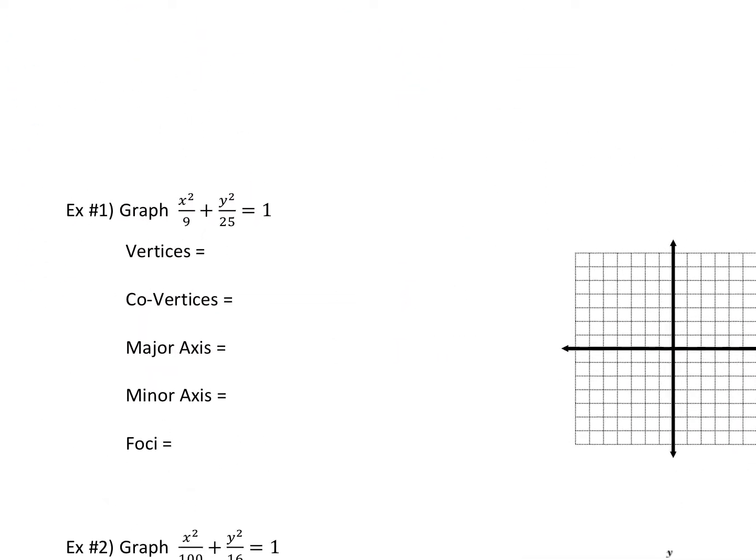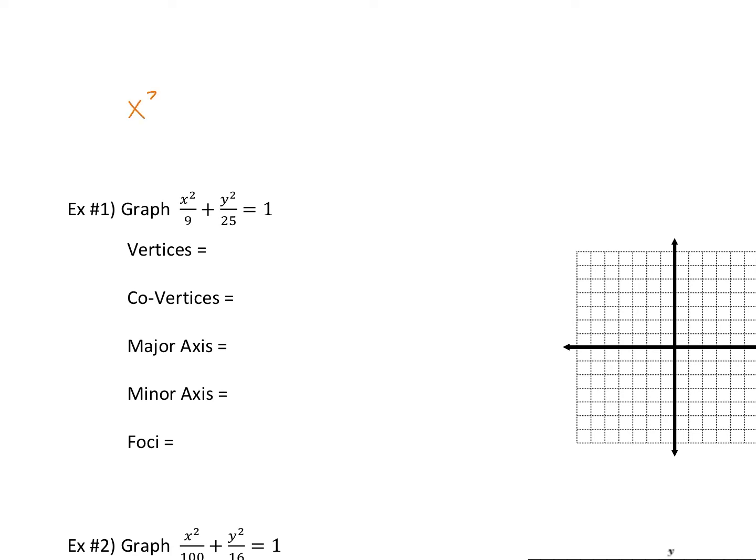Okay, so keep in mind, our original formula was x squared over a squared plus y squared over b squared equals 1. We need to figure out what's A, what's B, so we can find C and find all of our pieces here. So the first thing we're going to look at, can anyone tell me the value of A? 3.